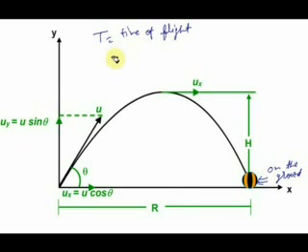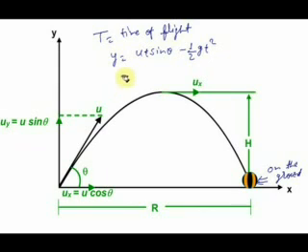To calculate this time of flight, we'll make use of the following formula. We know that the displacement along the y direction, that is along the vertical direction, is given as ut sin theta minus half gt square.